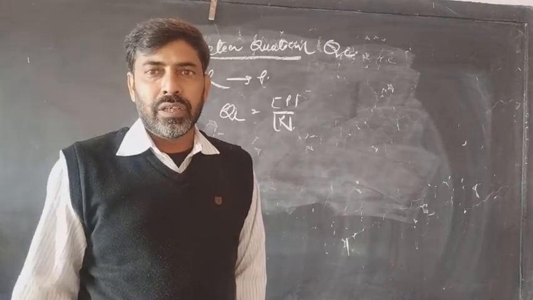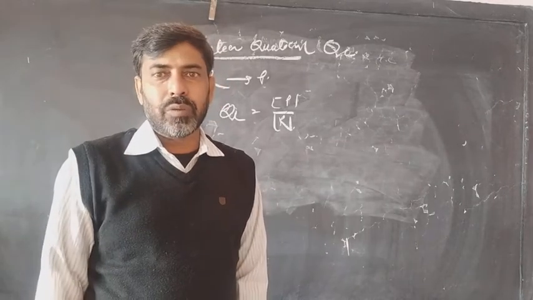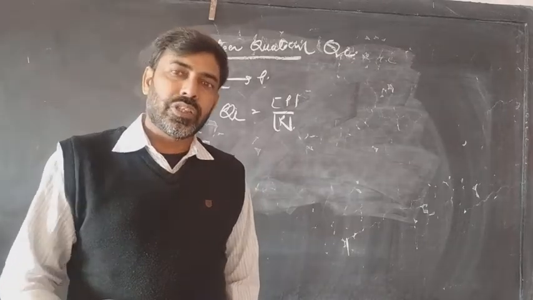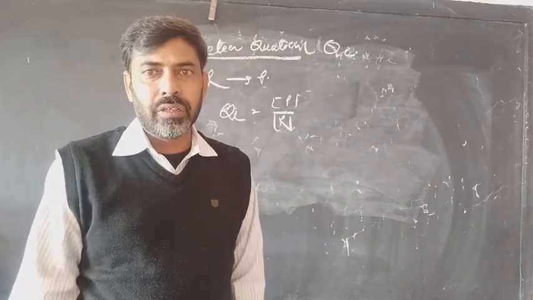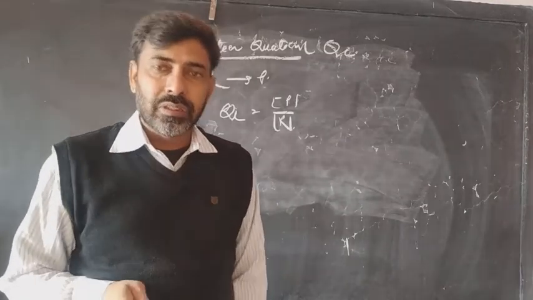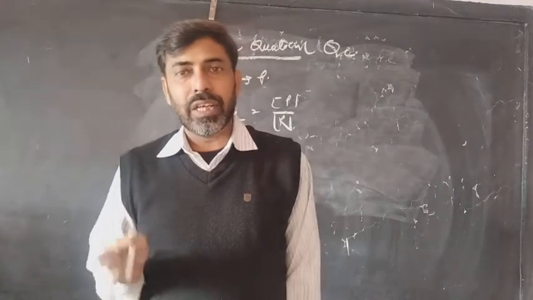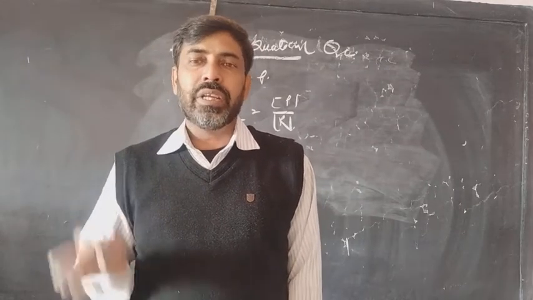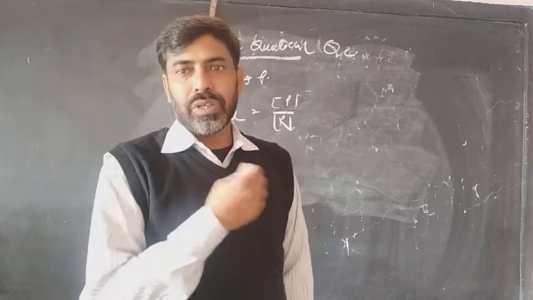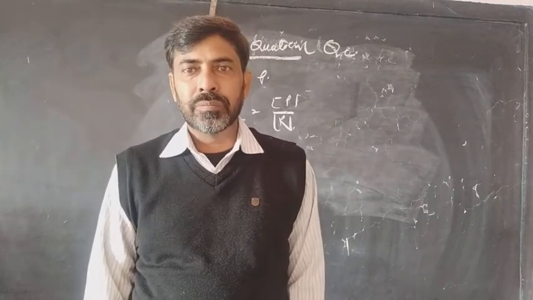You can see the same expression is there in the case of the equilibrium constant Kc, the concentration of product upon concentration of reactant. But there was a condition, the reaction must be at equilibrium. When the reaction is not at equilibrium, that is considered the reaction quotient.